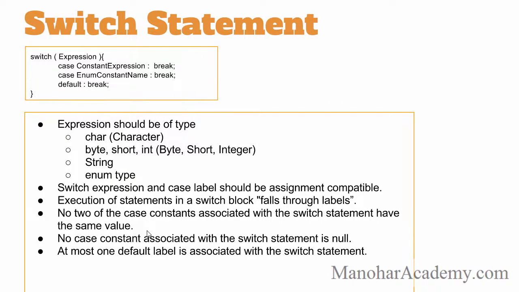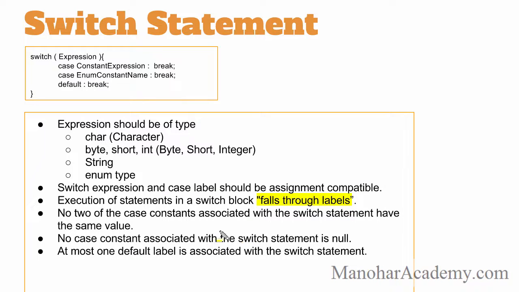Then we looked at switch statement, which can be used to increase the readability of a code when we use if else chain. So instead of using if else chain, we can convert it to a switch statement. Also we have seen that statements in a switch block fall through labels, so we have to include breaks wherever appropriate.